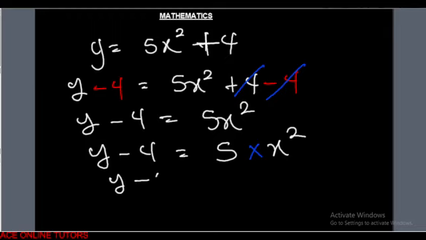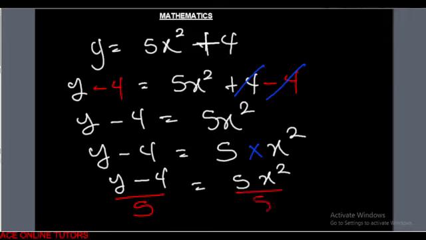You are going to have y minus 4 divided by 5 equal to 5x squared divided by 5. So they are going to cancel 5. What are we going to have left? You are going to have y minus 4 over 5 equal to x squared.